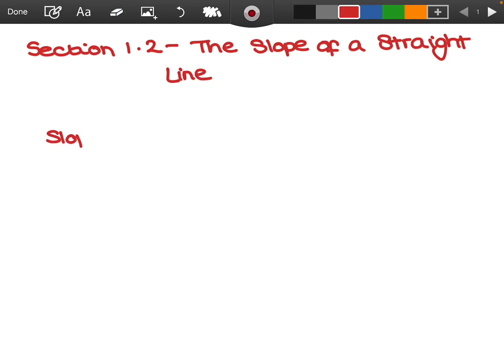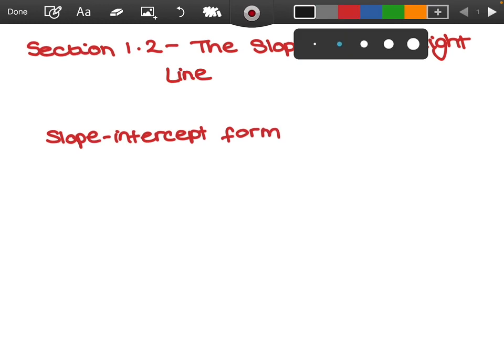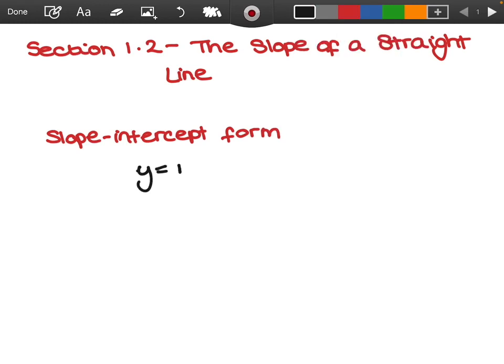Slope-intercept form of the equation of a line is always y is equal to mx plus b, where m and b are constants.